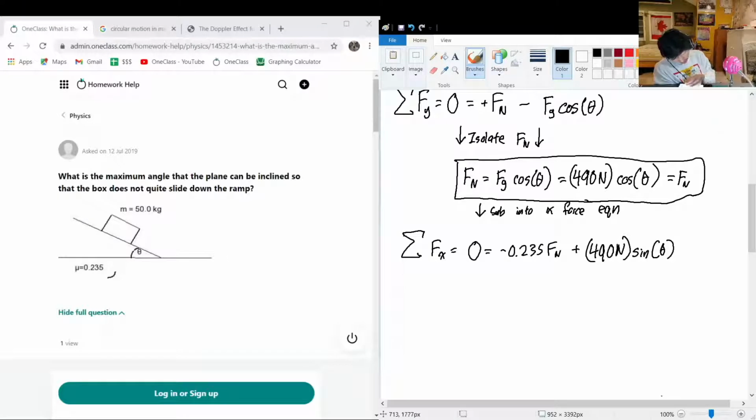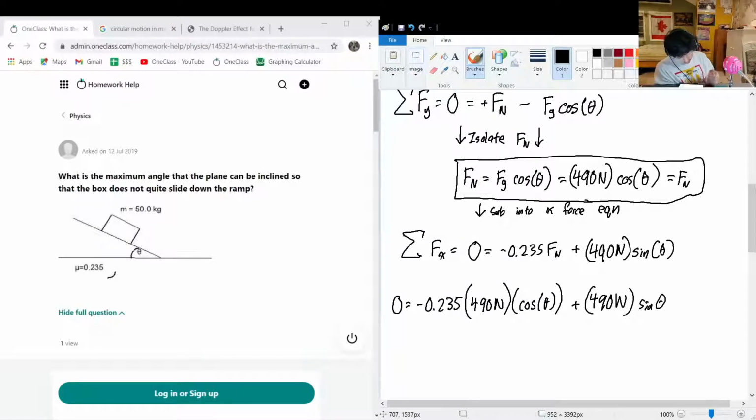So we have 0 equals negative 0.235, and we sub in this whole thing for Fn: 490 newtons multiplied by cos theta, plus 490 newtons times sine theta.